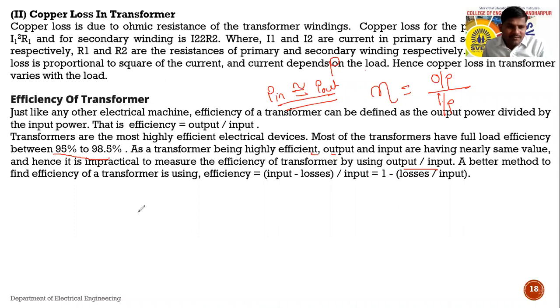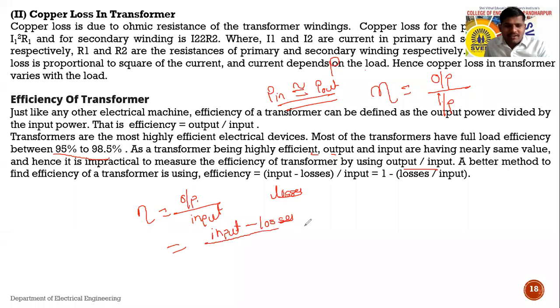You know the formula: efficiency equals output power divided by input power, and we have the sum of the losses. We can rewrite this equation in this form. Output can be written in terms of loss: input minus losses is nothing but output.